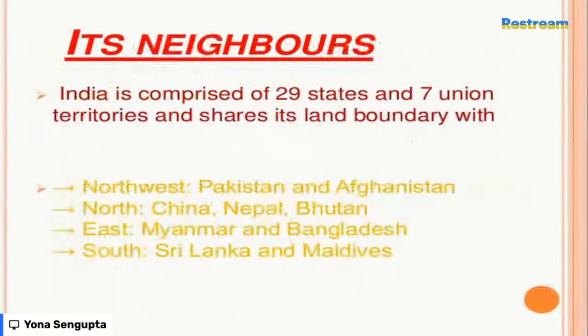Now, let's start. First, we need to say that India comprises 29 states and 7 union territories and shares its land boundary with the northwest, north, east and south.